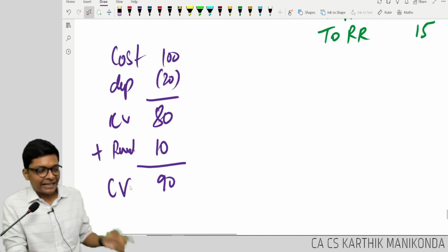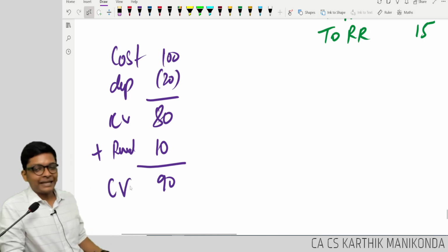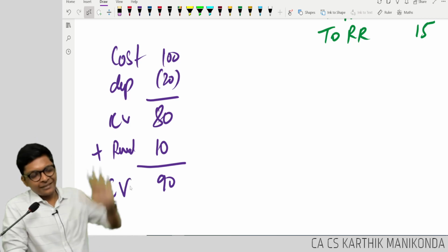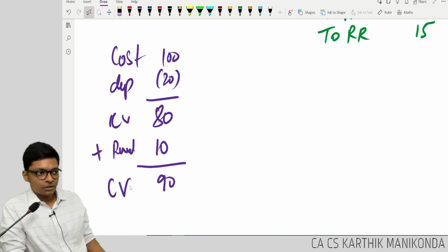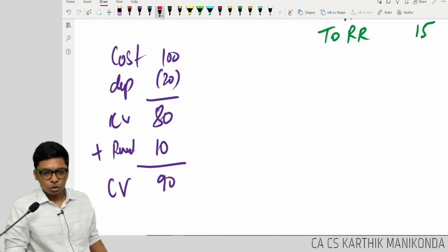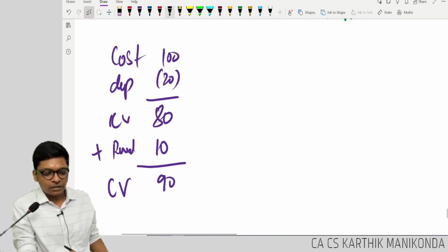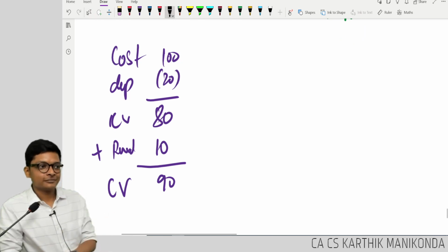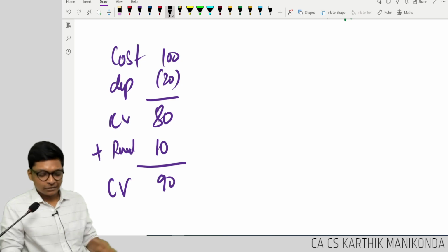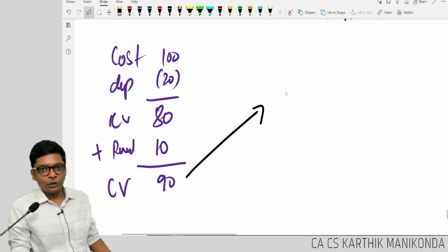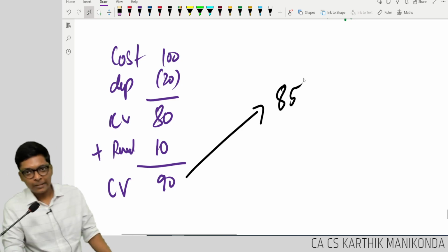Now the revised carrying value is 90. When did this revaluation happen? Sometime in the past. Are you following, guys? So now I am doing impairment of an asset which was revalued. This 90 is now becoming 85. What's the entry?